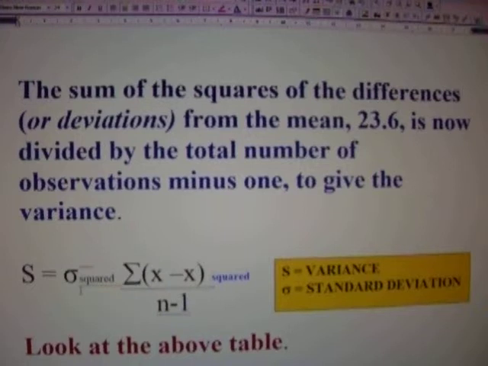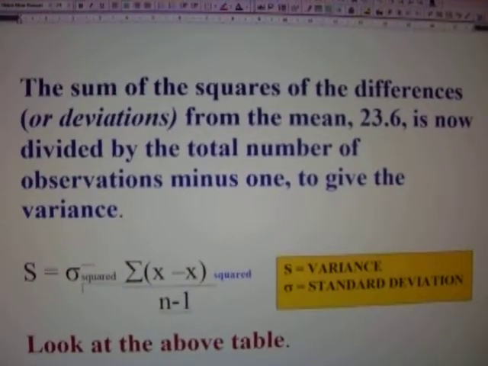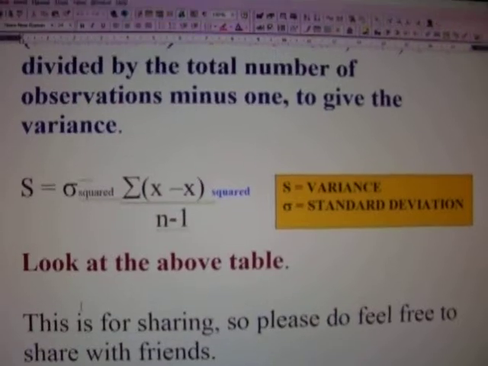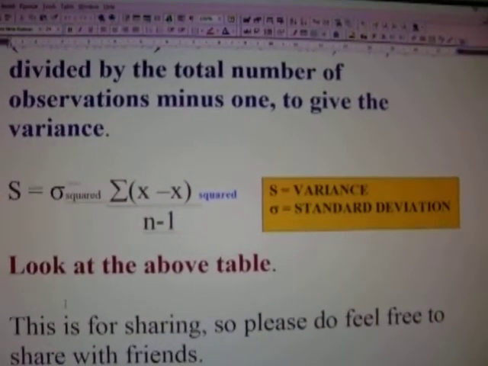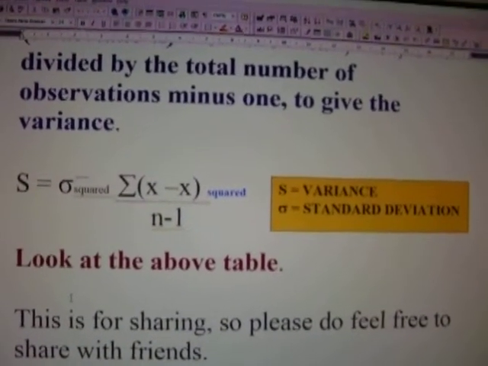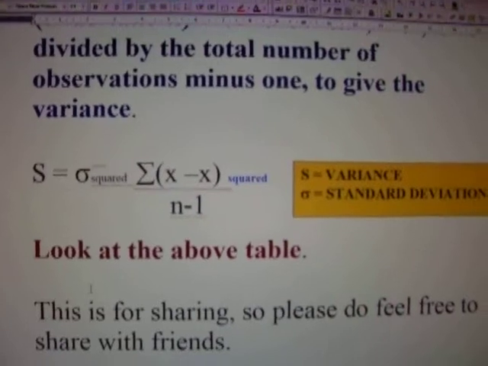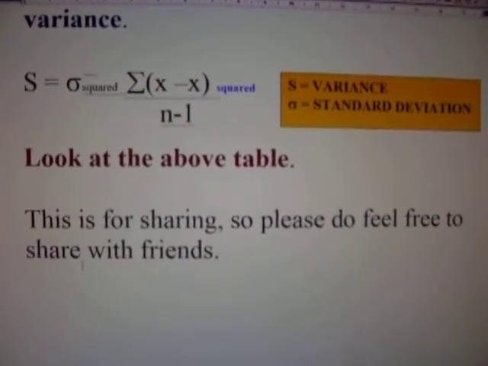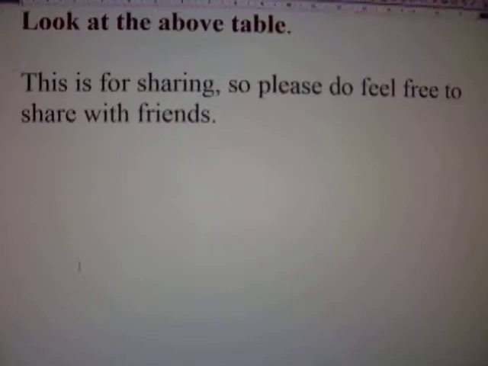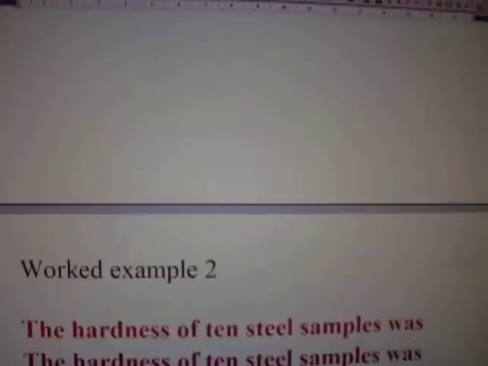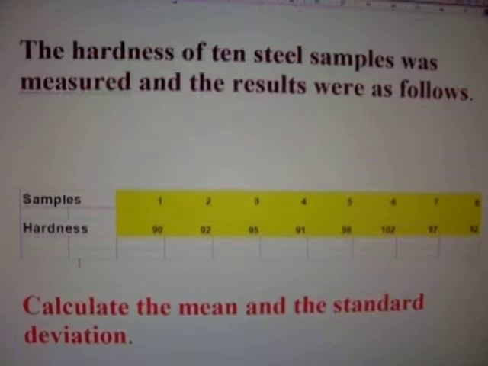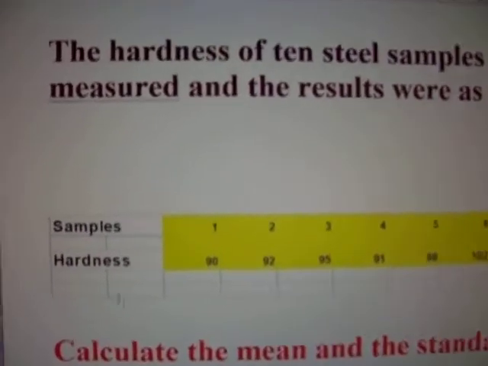Now remember, it is the sum of the squares of the differences, so it is squared. Okay. And I've used SQRT to represent squared in these scenarios. And then again here we have example 2.